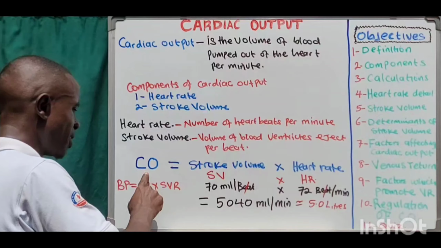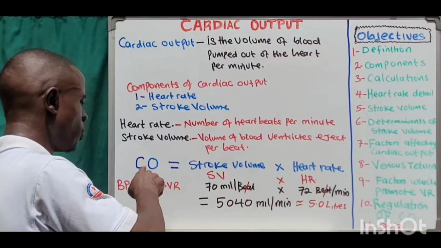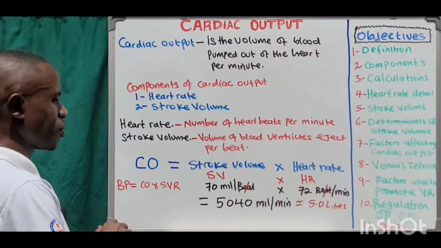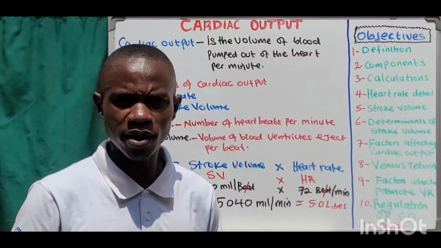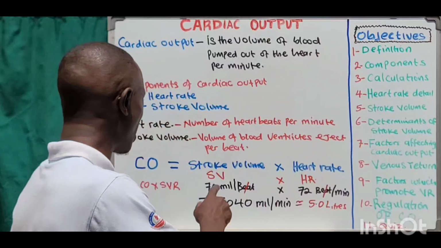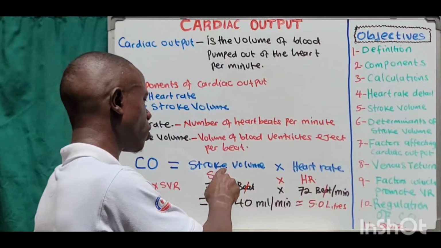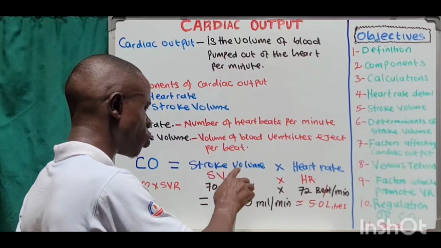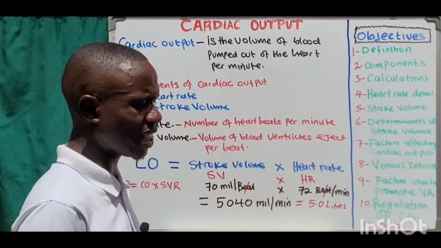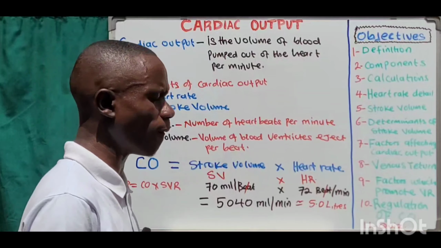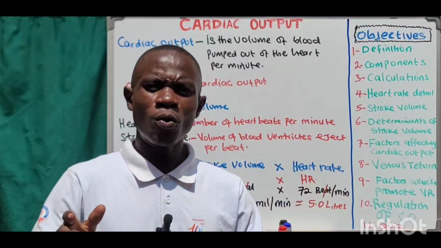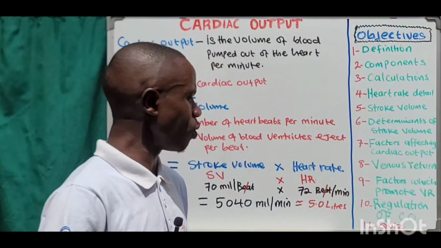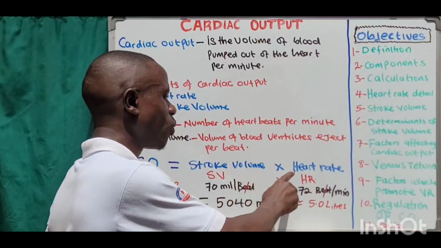So cardiac output plays a significant role in blood pressure regulation. We have seen that cardiac output is a product of stroke volume times heart rate, so anything that interferes with stroke volume and heart rate will significantly affect cardiac output. In the next video, we are going to go into detail on stroke volume and heart rate.